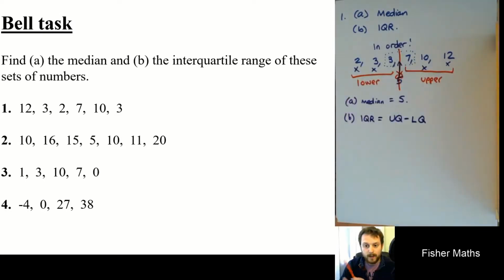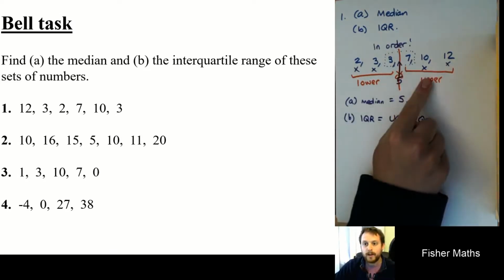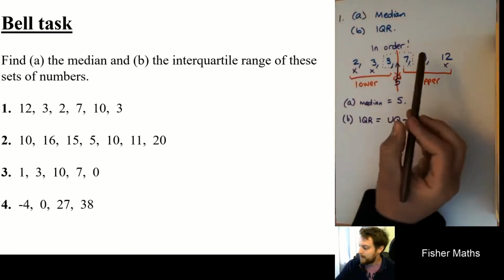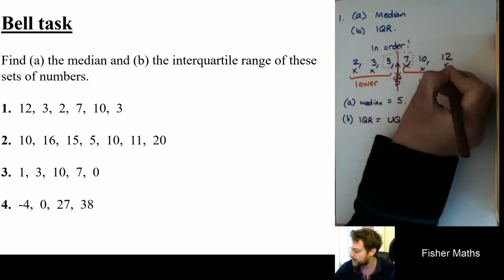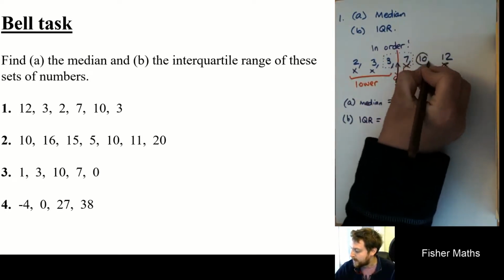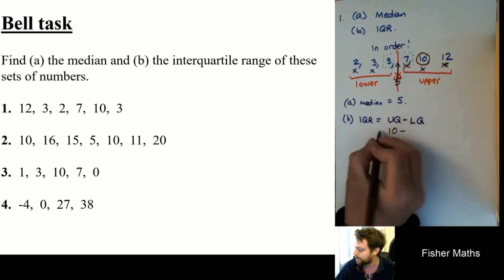It's literally been chopped into a lower half and an upper half. Then for the upper quartile, we look at the numbers in the upper half and find the median of those. That's the numbers 7, 10 and 12. So I would cross off the 7 and cross off the 12, and of course there is the upper quartile. So the upper quartile is 10.